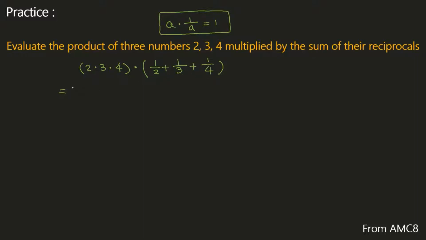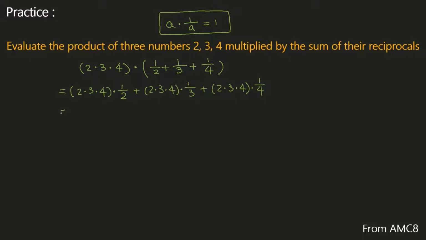So this becomes 2 times 3 times 4 distributed onto the first term, which is 1/2, plus 2 times 3 times 4 distributed onto the second term, which is 1/3, plus 2 times 3 times 4 distributed onto the third element, which is 1/4.